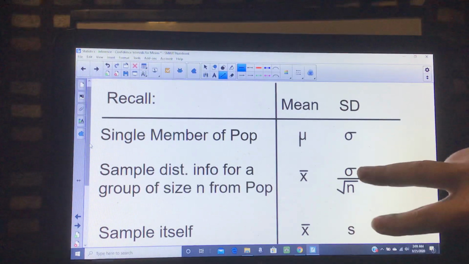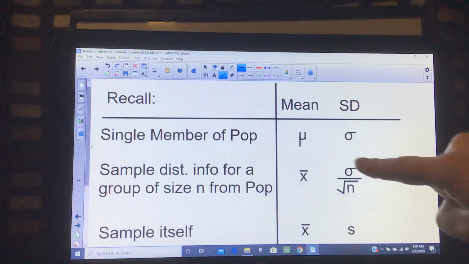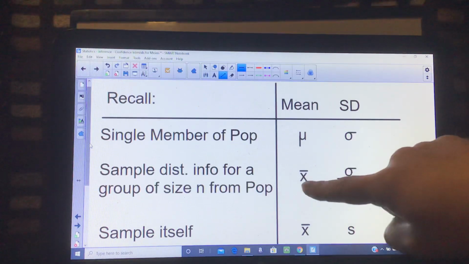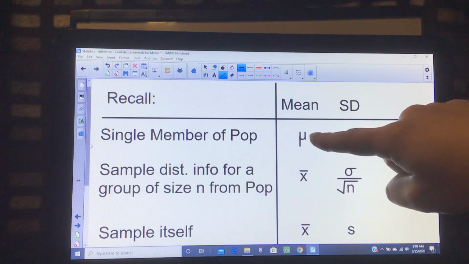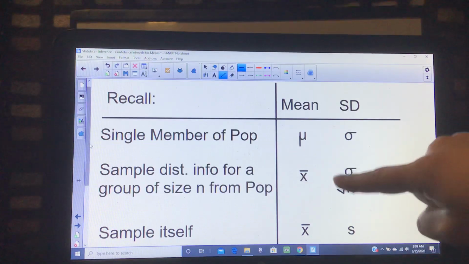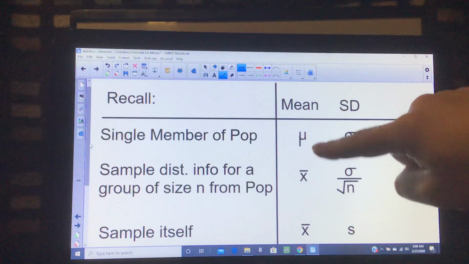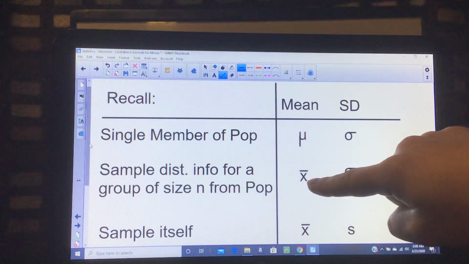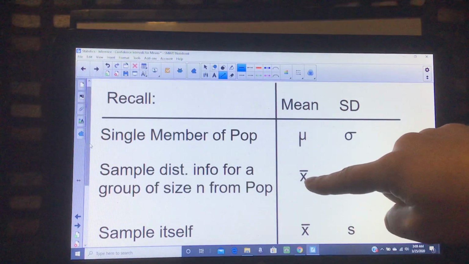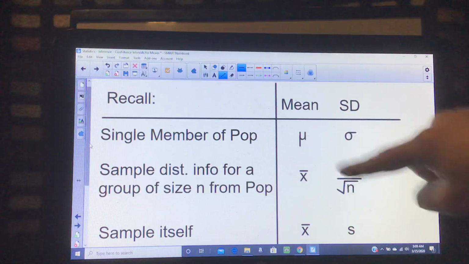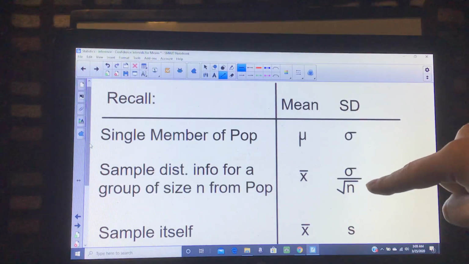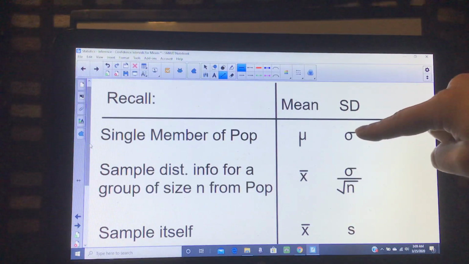Now, the difference between these is that this tells me how much the mean's able to get away from here. So this is a measurement of, given the population mean, how much the sample mean is able to basically vary given your sample size. That's based on this number.